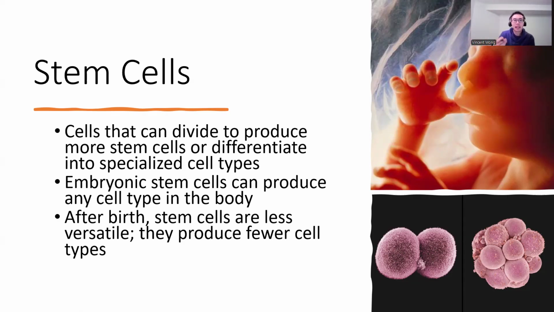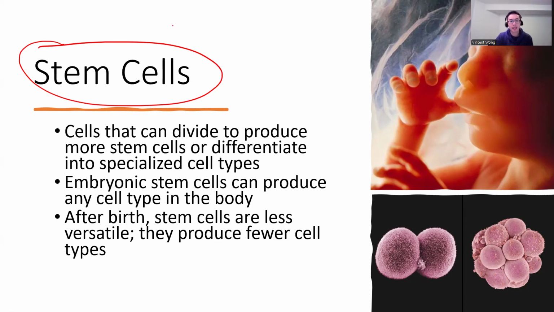And at the heart of it, all the different cell types in the body ultimately came from stem cells. Right? So stem cells are cells that can specialize and differentiate into different kinds of cells.